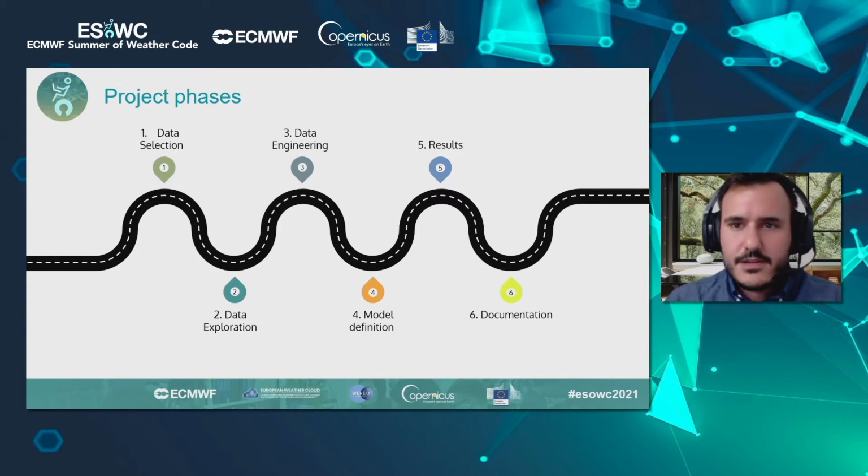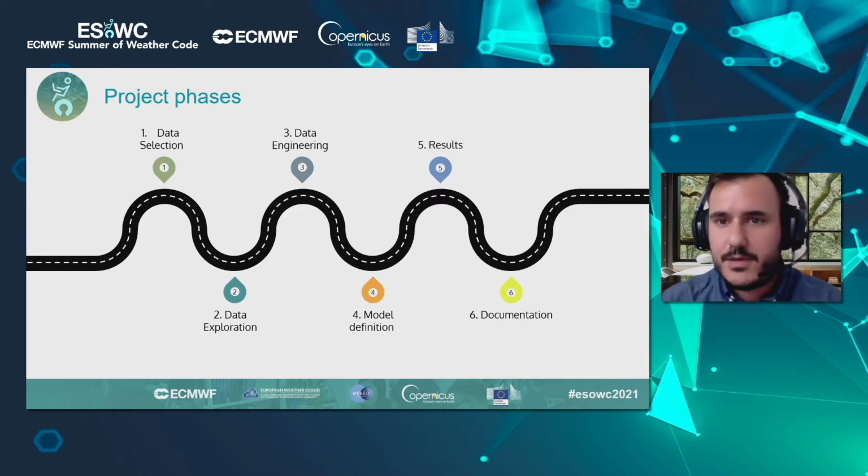After the selection of the dataset, we explored better with the exploratory data analysis the features that we selected and saw how compatible they are with our target data, which are NO2 emissions. After that, we did some data engineering and started to define our machine learning model. The last 2 steps comprise the publication of the results and also preparing the documentation that is available on the GitHub page of the project.